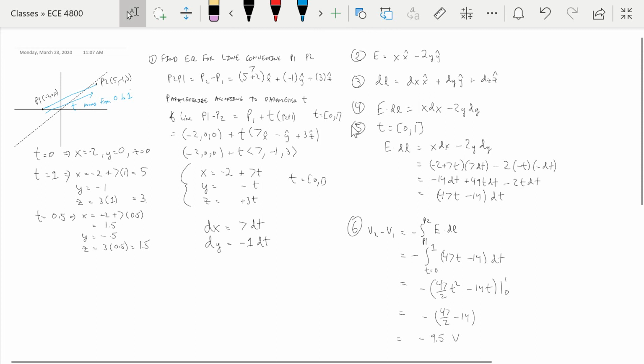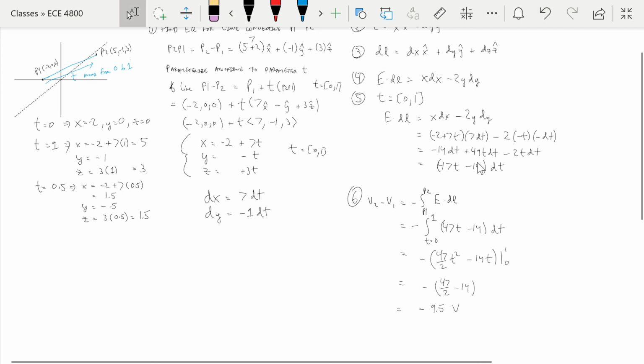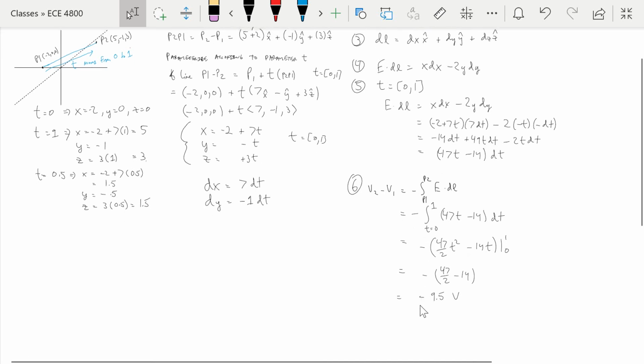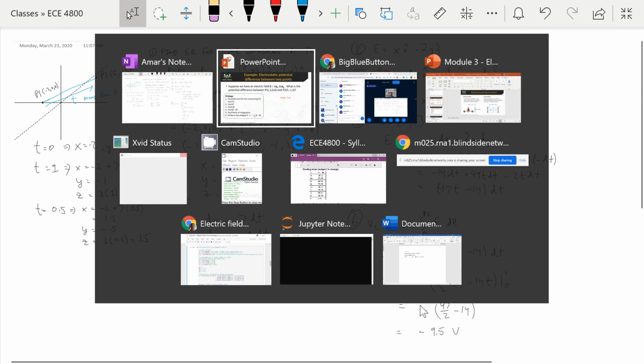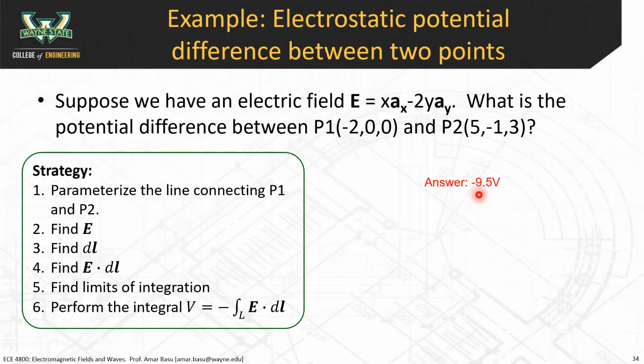In step 5, we said the limits of integration go from t equals 0 to 1, and because of that, we have to put E dot dl in terms of the parameter t. And then once you've done that, the integral becomes very easy because you've already done the work, so to speak. All right, so this matches our answer, so that's a good thing. And we'll just move right on to the next example here.